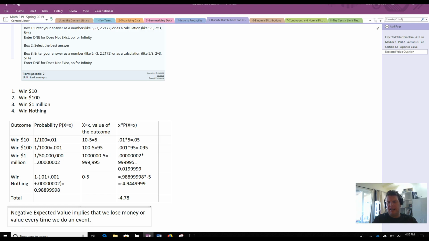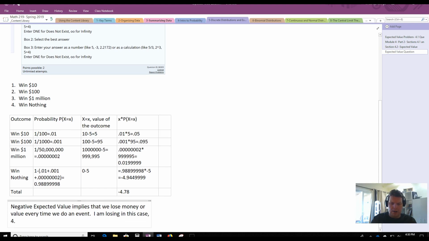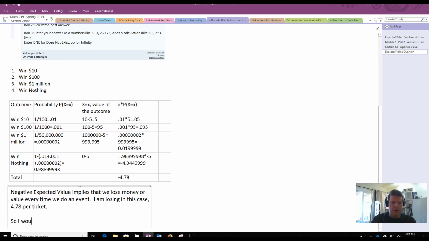So in this case, every time I purchase a lottery ticket, I'm losing money. How much am I losing per lottery ticket? I'm losing $4.78 per lottery ticket. That's what that expected value says. So I would lose $4.78 times 100 tickets, which is equal to $478 on the 100 tickets.